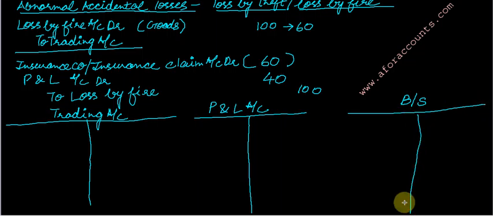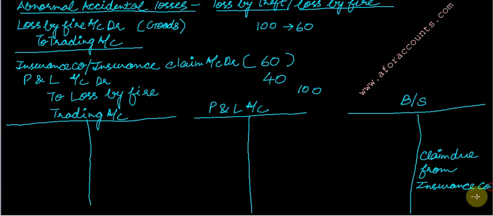See, note one thing that whatever there is an insurance company claim, the admitted claim is an asset for me. I will receive it from the insurance company. So in this case, it is 60 rupees. So my asset will be claim due from insurance company, 60.